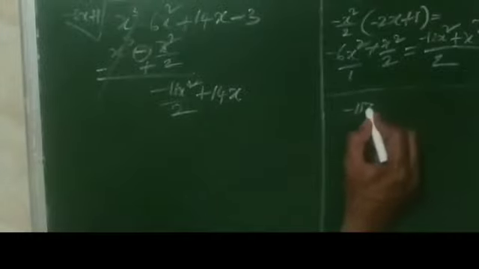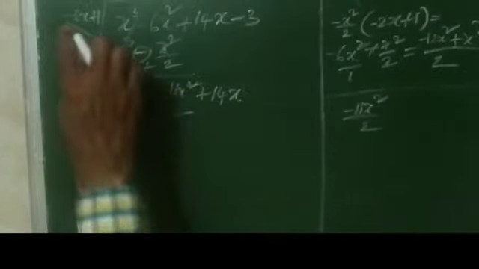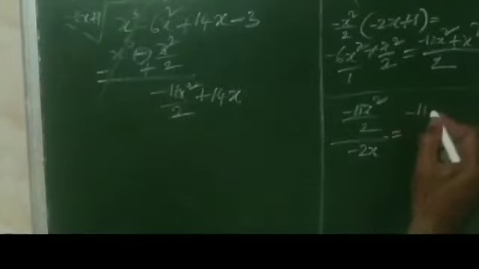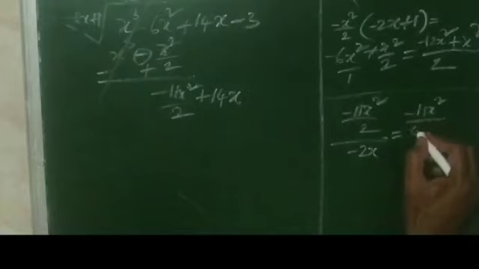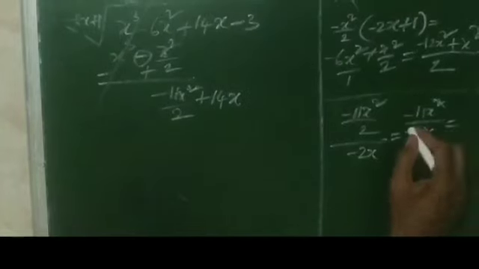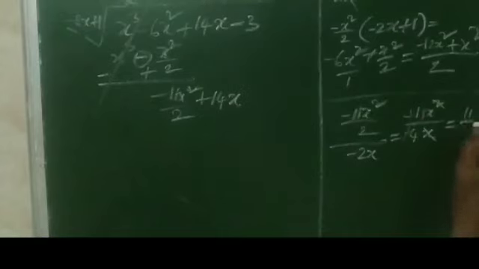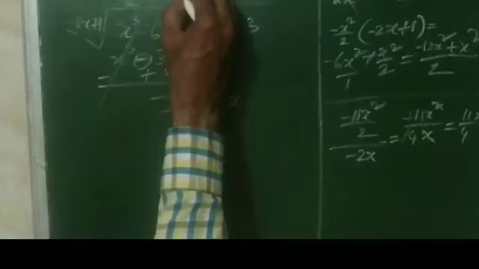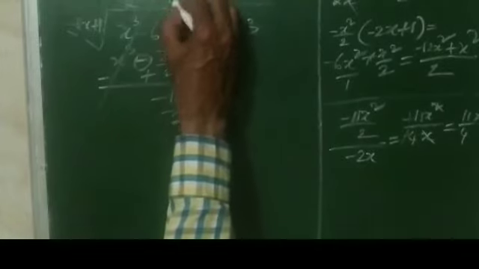I bring down plus 14x. Now next division, minus 11x square by 2 by minus 2x. So in each division step we follow 3 steps. So I write here 11x by 4.